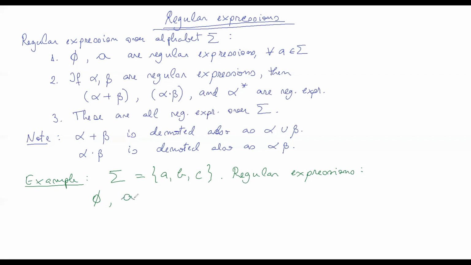A is a regular expression, AB is a regular expression, but also A plus B, C, A, B is a regular expression. Also AB star plus B, C star, this is also a regular expression, and so on. So there are obviously an infinite number of regular expressions, but these are just a few examples.